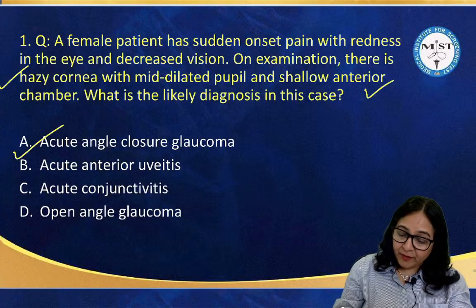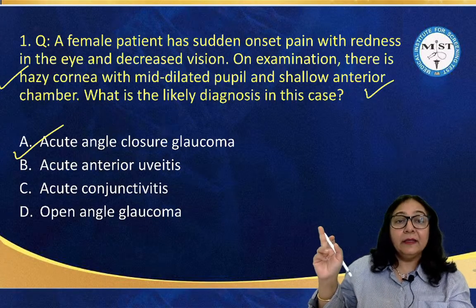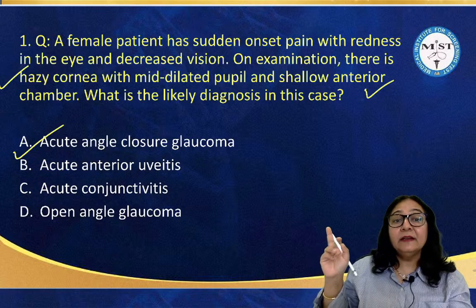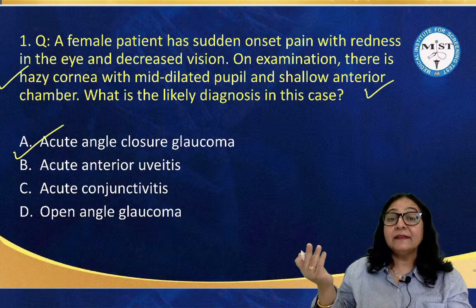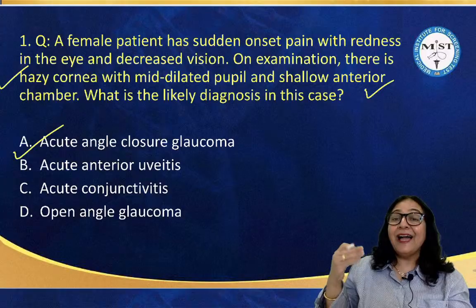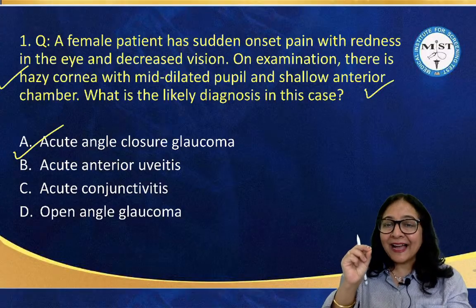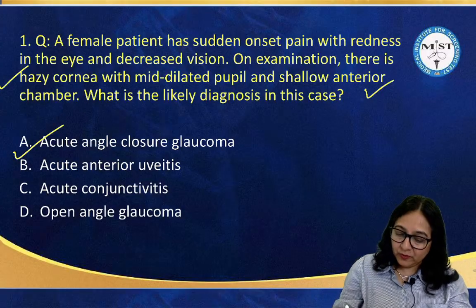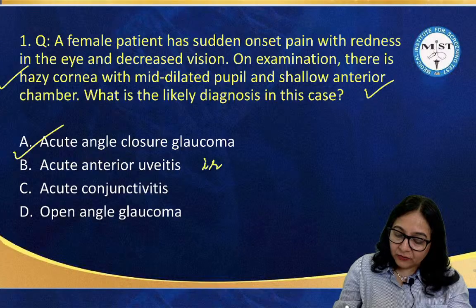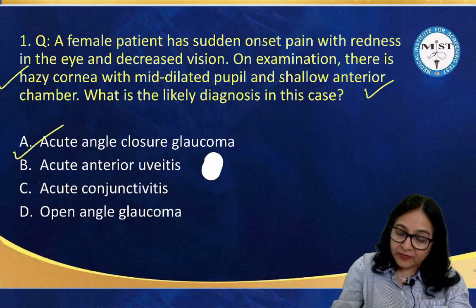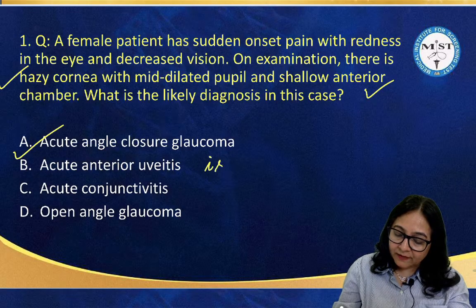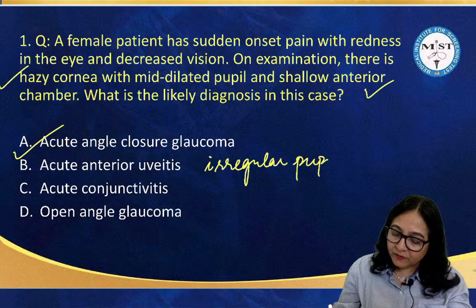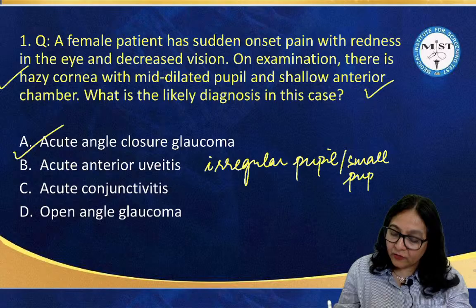But the chamber is not shallow in anterior uveitis unless it is a secondary angle closure, and the pupil is always either irregular due to posterior synechiae, or small. So you will find an irregular pupil or a small pupil in cases of acute anterior uveitis.